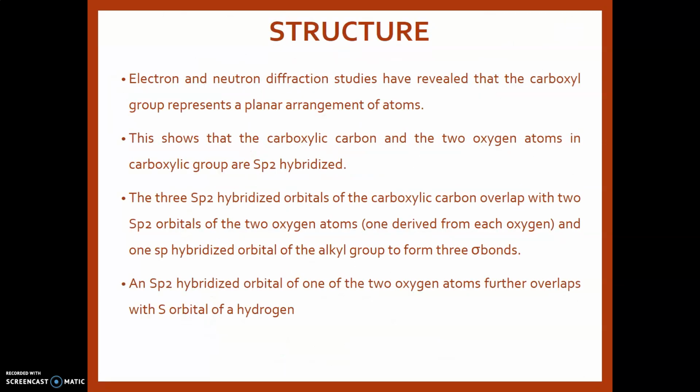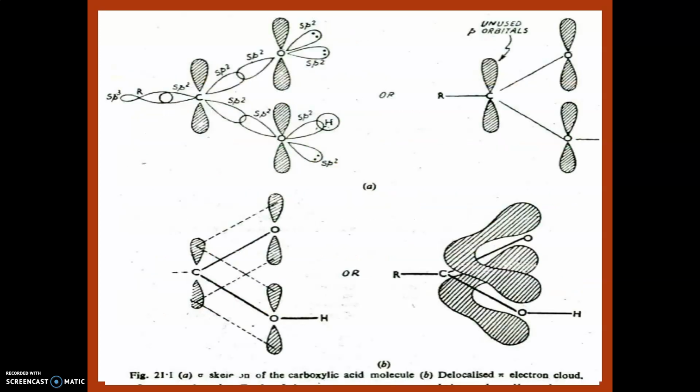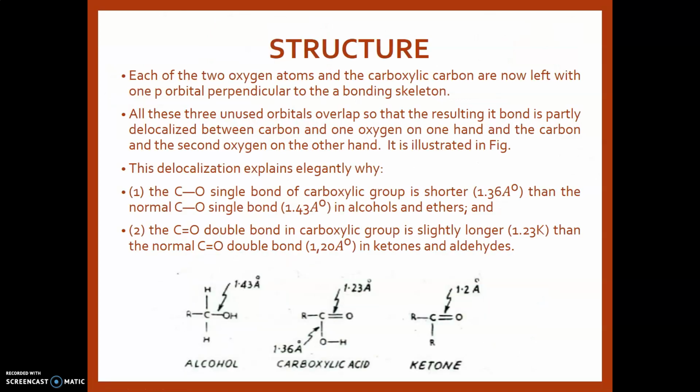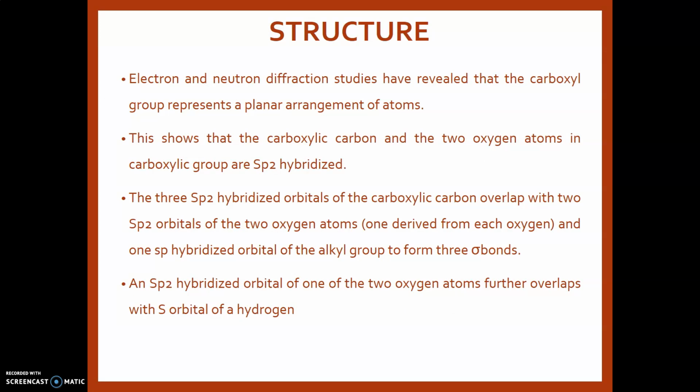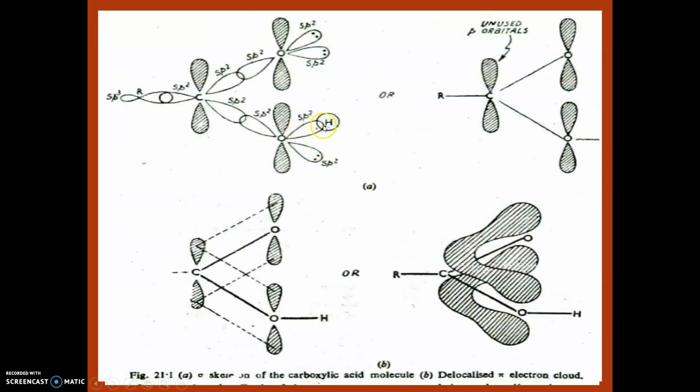Then the sp2 hybridized orbital of the carbon, the sp2 orbital of the oxygen atom and the orbital of the alkyl group form three sigma bonds. So here three bonds are formed, single sigma bonds, and on one of the two oxygens, the sp2 hybridized orbital further overlaps with the s orbital of the hydrogen atom, giving the OH.